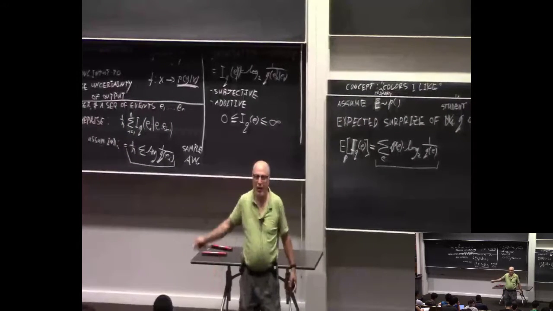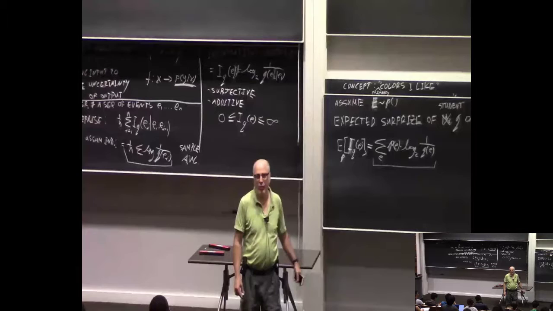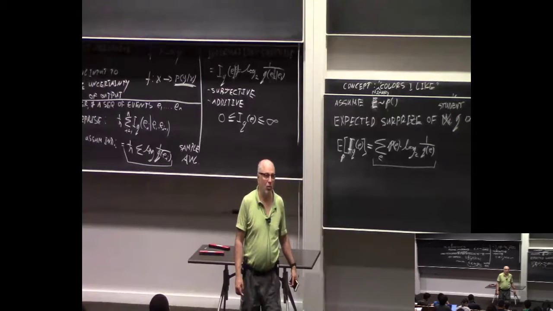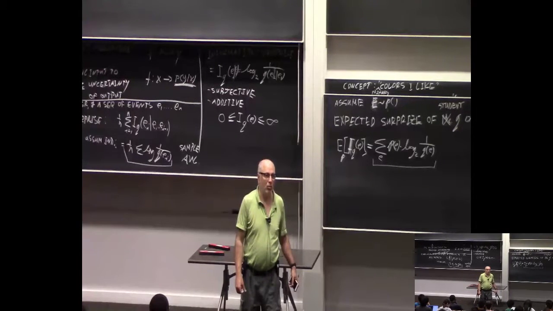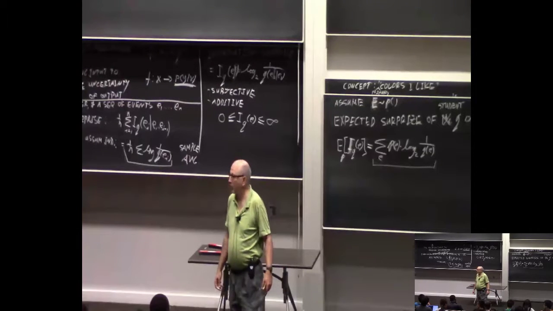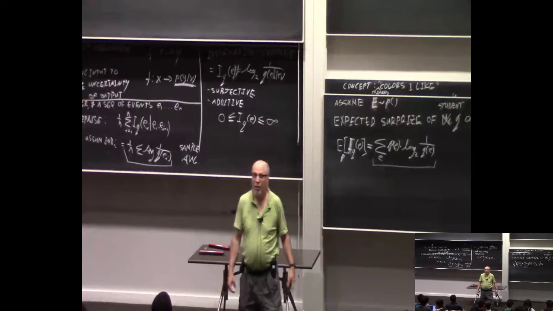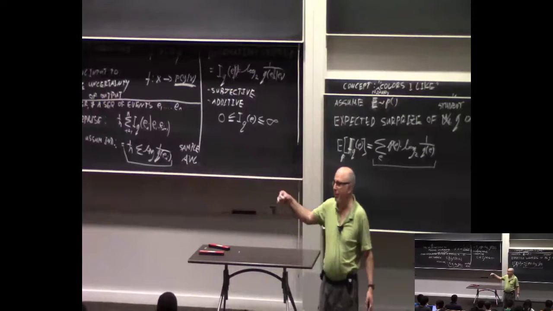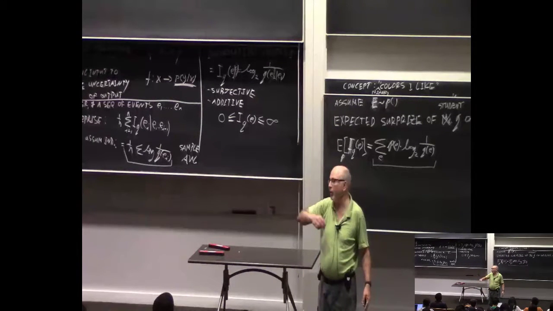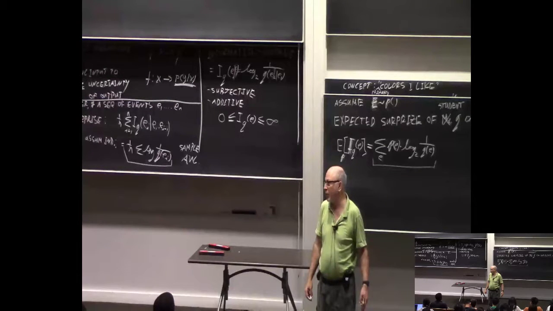This is a sample average, this is an expectation. Do they lead to the same answer? If you have enough samples, as the sample size grows, you expect that the sample average will converge to the true expectation. And that is true.